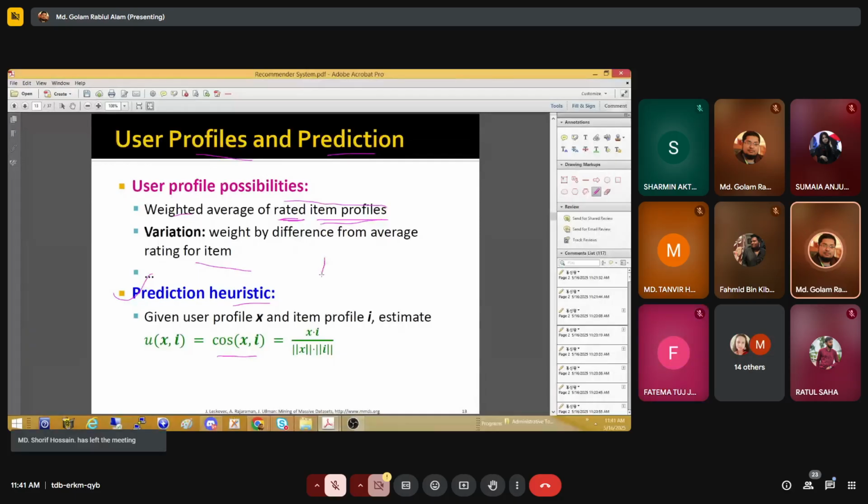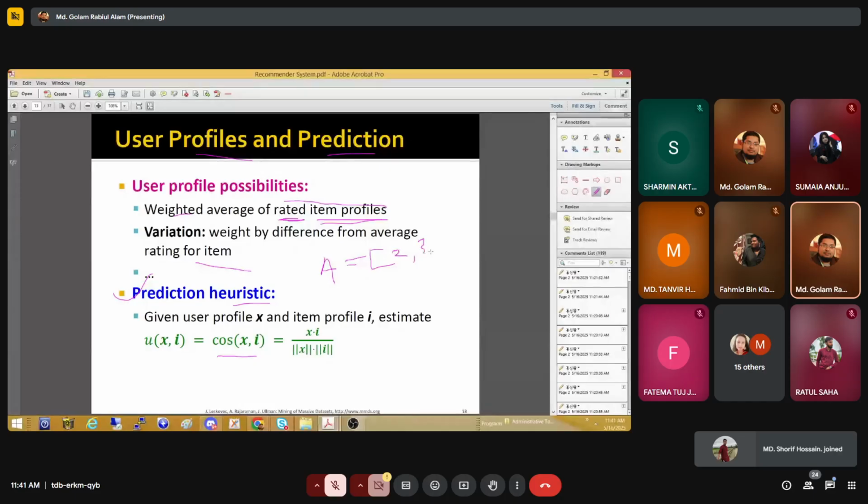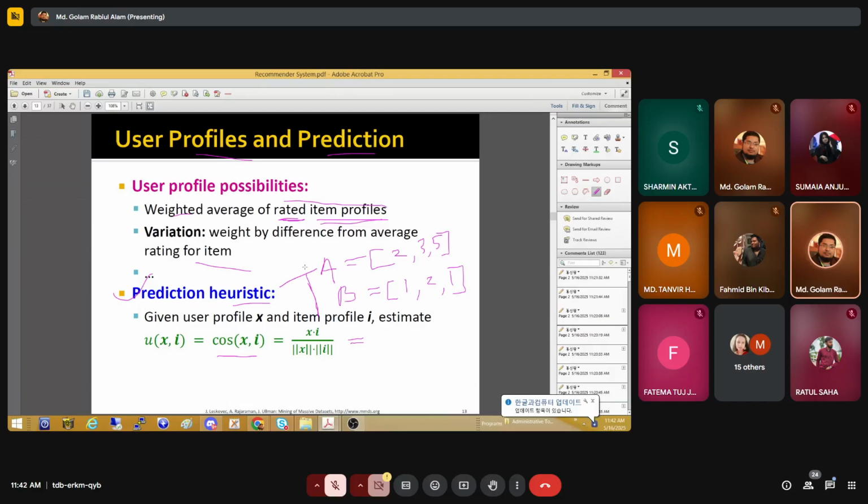I think many of you already know how to find the cosine similarity. If we want to find the cosine similarity between two vectors, like A, which is 2, 3, and 5, and another vector B, which is maybe 1, 2, and 1, specifically the angle between these two vectors, then what we have to do is find the dot product of A and B. Considering this one is X and this one is I, the cosine similarity will be the dot product between these two vectors.